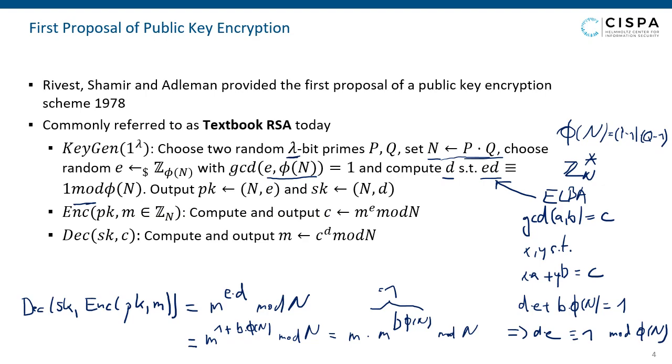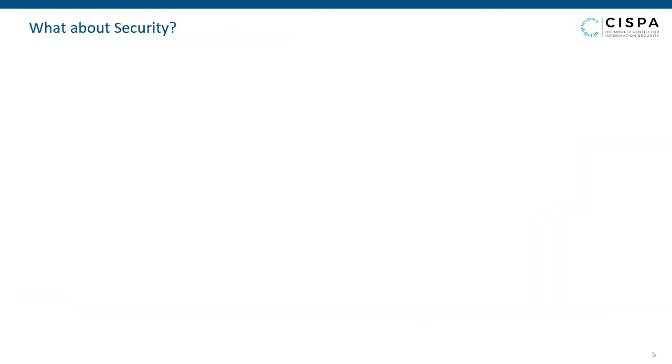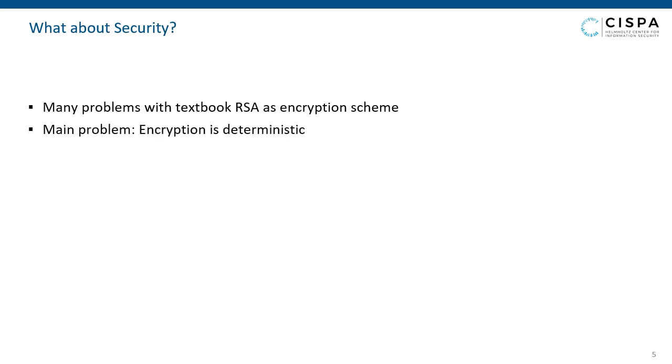Now let's consider, according to what we've seen already about encryption schemes, if this is a good encryption scheme. As you might imagine, there are many problems with textbook RSA when we want to use it as an encryption scheme. First and foremost, encryption in this scheme is deterministic, and that, as we've seen before, spells trouble.